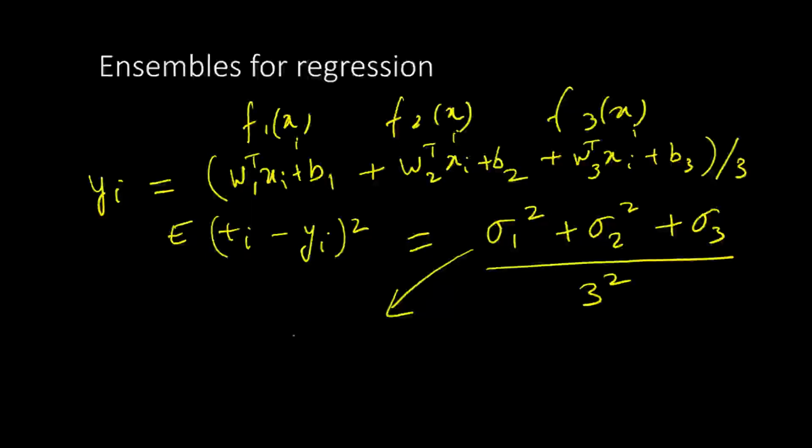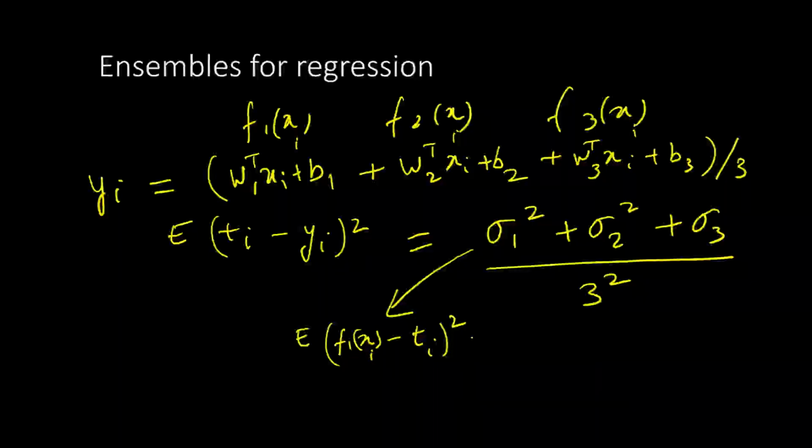Sigma 1 is the expected value of f1 of x minus ti, the whole square. And similarly sigma 2 is the expected value of f2 of xi minus ti, the whole square, and so forth. So if the three regressors give you the same variance and we are taking their average, we are going to be dividing by the square root of the number of constituents. Keep that in mind.